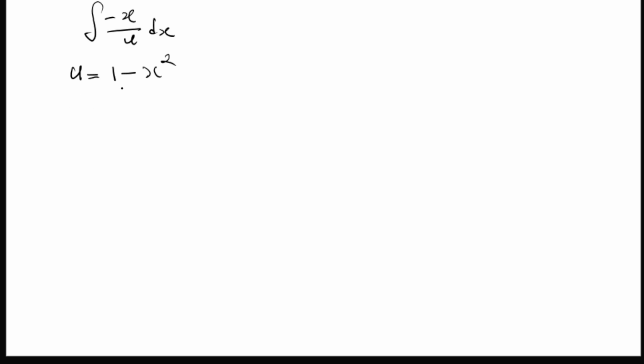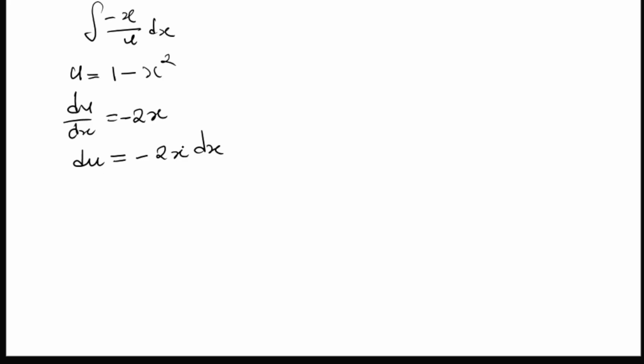Differentiating u with respect to x, we simply have du over dx equal to minus 2x. Now look up. From what we have here, we can represent this as du is equal to minus 2x dx.